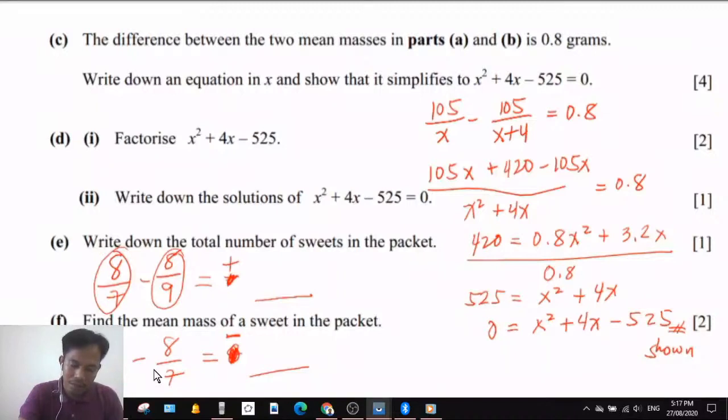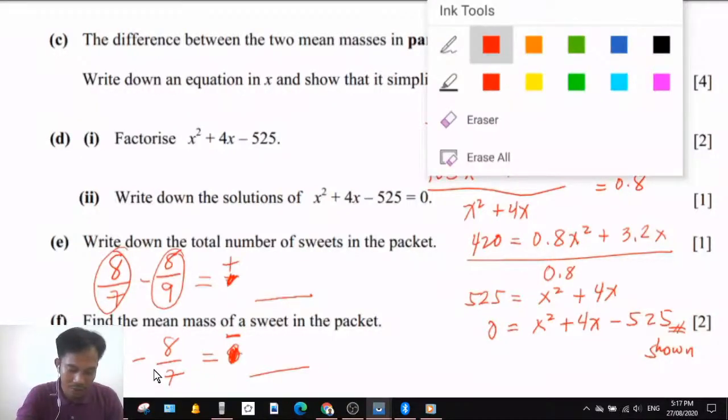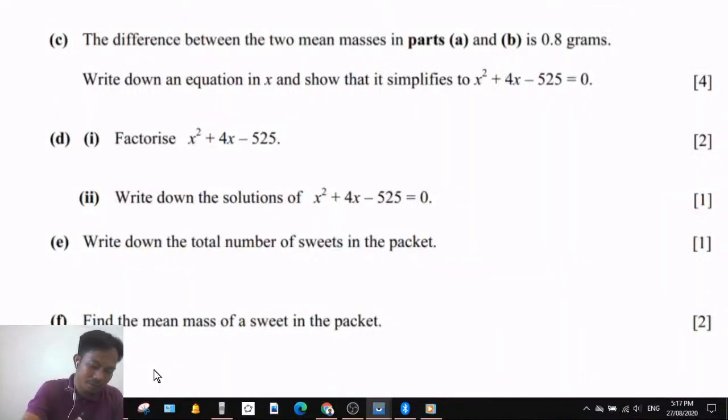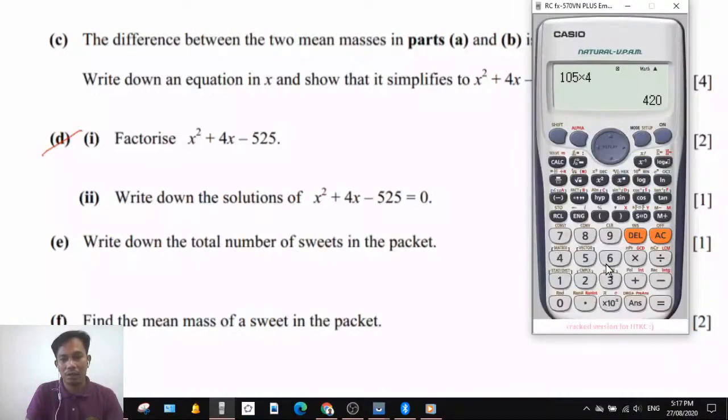Okay. Next, let's move on to our question letter D. Factorize x squared plus 4x minus 525. You use your calculator, easier, right? I have 1, I have 4, I have negative 525.